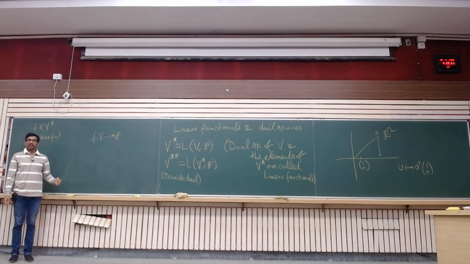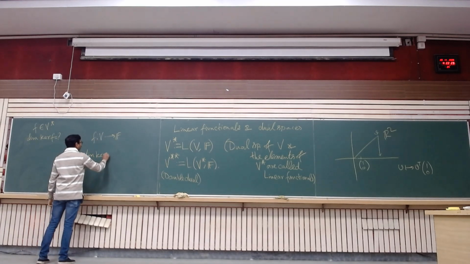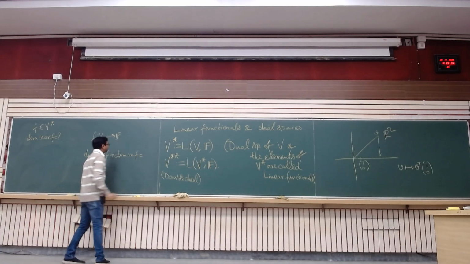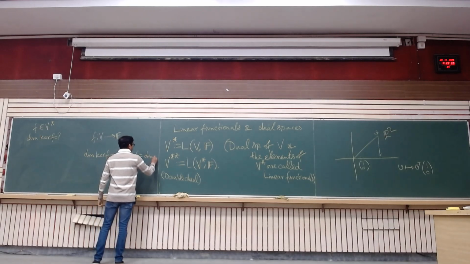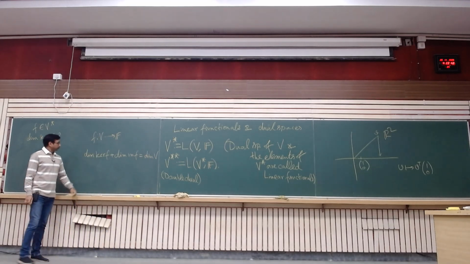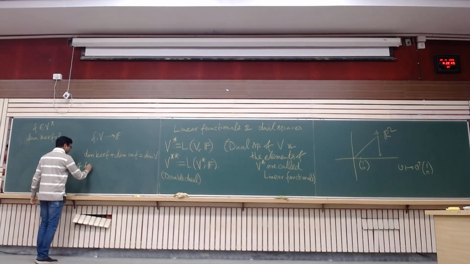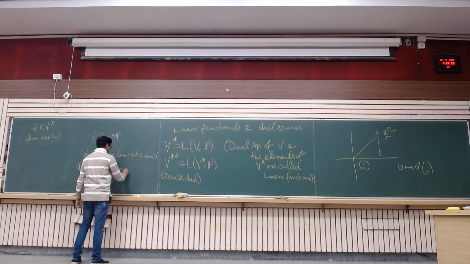So now you can apply the rank-nullity theorem. The dimension of the kernel of f plus the dimension of the image of f is equal to the dimension of V. So if f is not identically 0, then the dimension of the image of f is equal to 1, right?